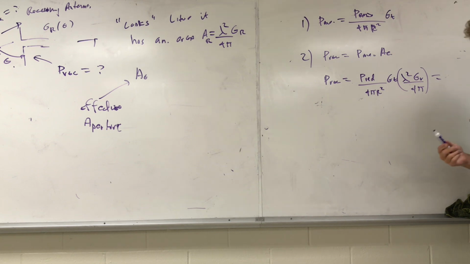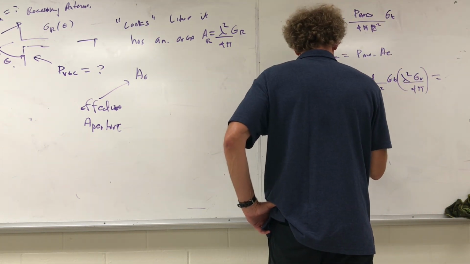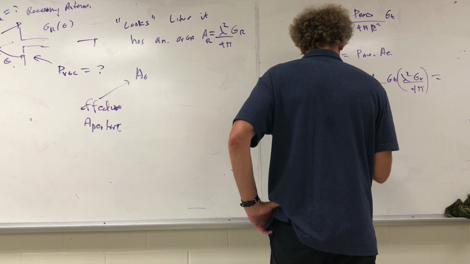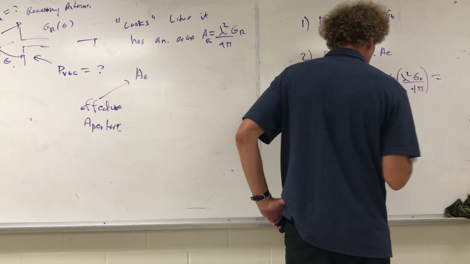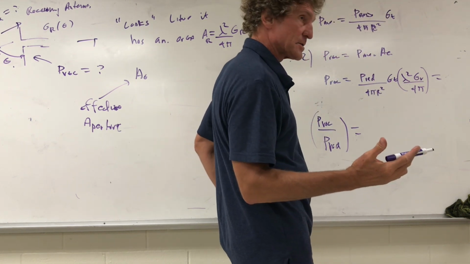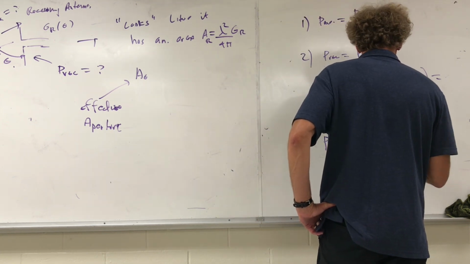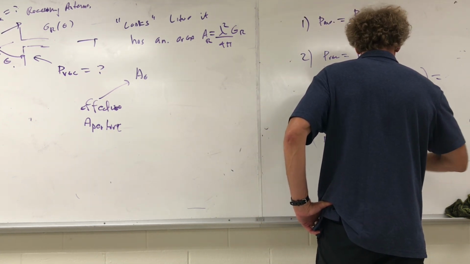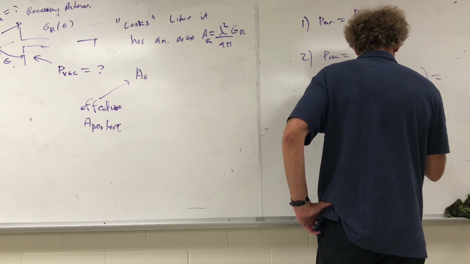Now I'm going to get the ratio of the two. And this is called the Friis equation. It's in your book. P received over P radiated. So it's the ratio of the two. And what they'll do is they'll pull a lot of this stuff into one term and square it. So they're going to say this is going to be gain of the transmitter, gain of the receiver.